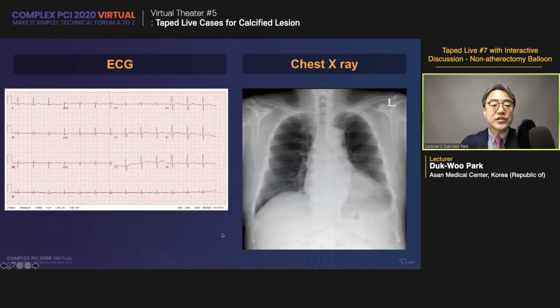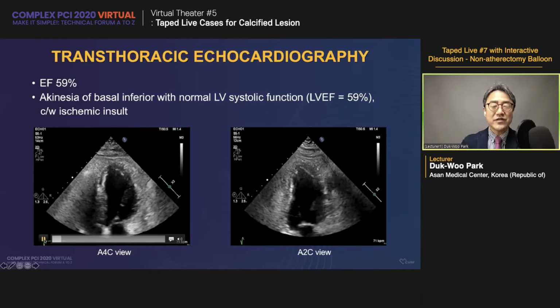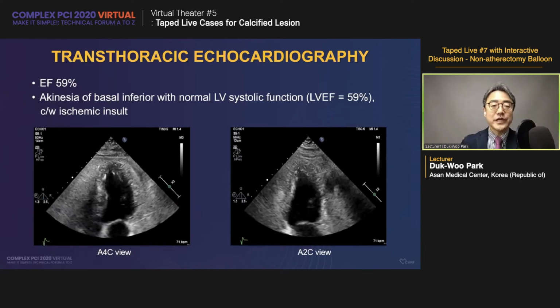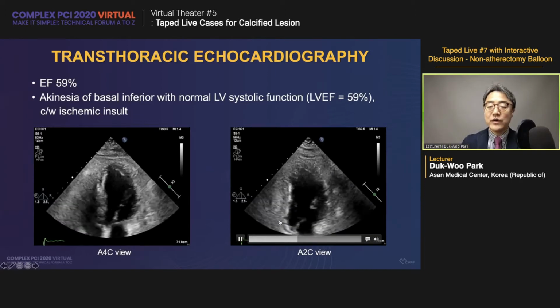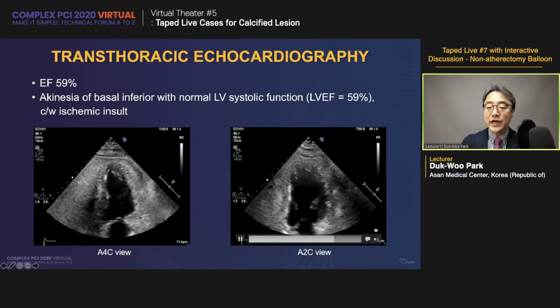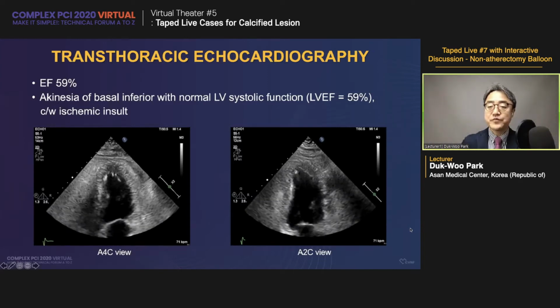The ECG shows no Q wave and normal sinus rhythm. Chest X-ray was absolutely normal. Echocardiography shows an ejection fraction of 59%, with some akinesia in the basal inferior wall, but overall ejection fraction was normal.